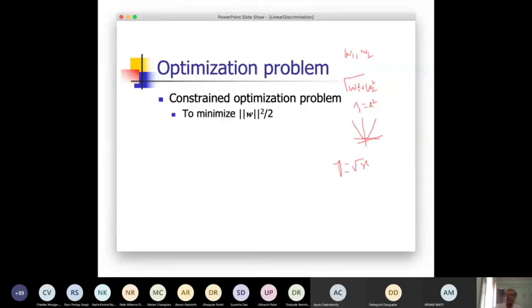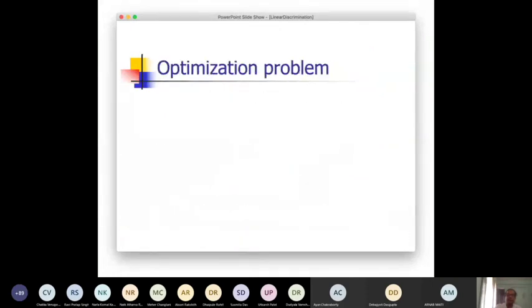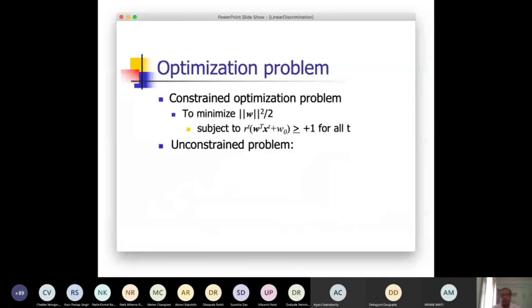Okay, so let me just remove this. How do you solve this kind of constrained optimization problem? What is the approach you follow? Lagrangian, exactly. Use Lagrangian multipliers.